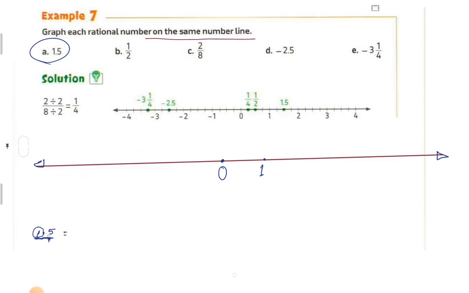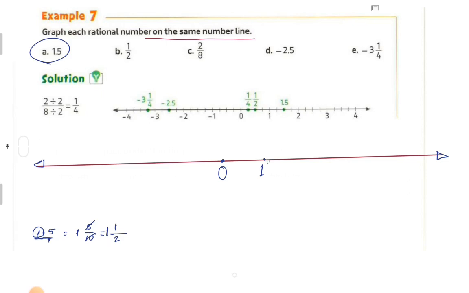Here we have to change the decimal number to a fraction: 5 over 10. Simplifying it, dividing by 5, we get 1 over 2. Now it's clear. I have 1, and where is the half? More half.